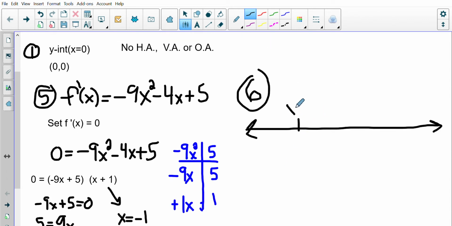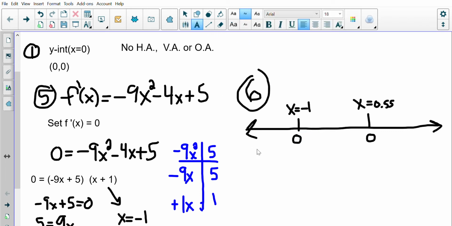So we have x is equal to -1. And then we've got x is equal to 0.55. And again, our derivative is 0 there, so we don't have to worry about it having a cusp or a vertical tangent.